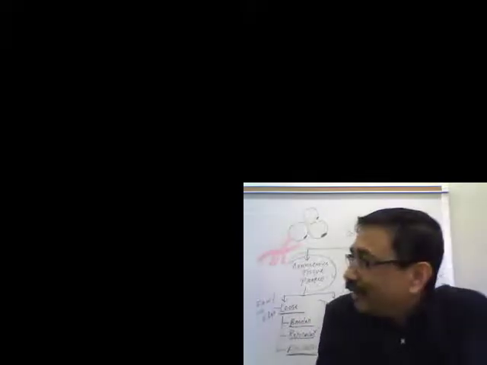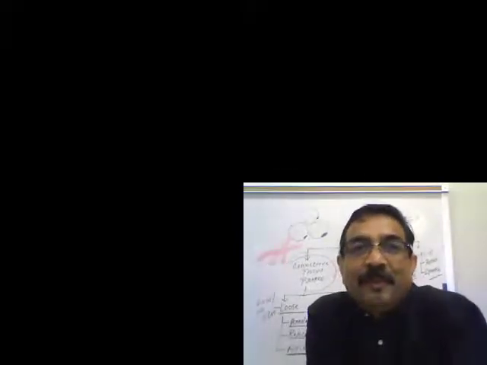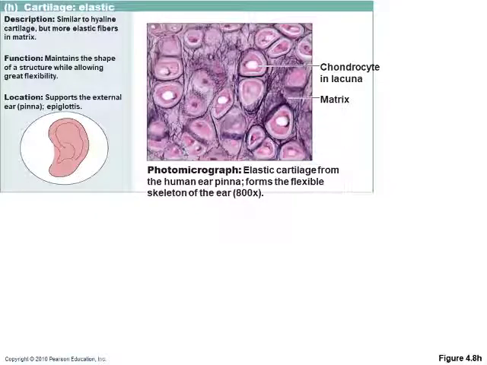Now elastic. You see the picture. Elastic is opposite. Many cells, small amount of matrix, and fibers are present. So just opposite of hyaline. What kind of fibers?